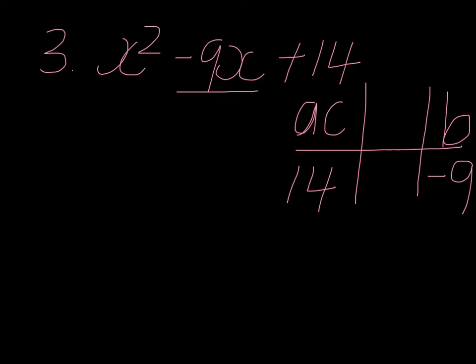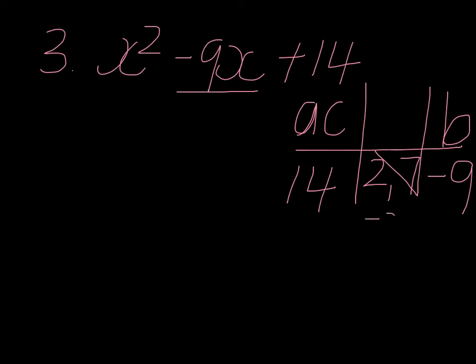Now in this case, in our factor pair, we're going to have some negative numbers. So we could say 2 and 7. This cannot be because 2 plus 7 is positive 9. Now we know because a times c is positive, in order to get the factor pairs, they both must be negative.